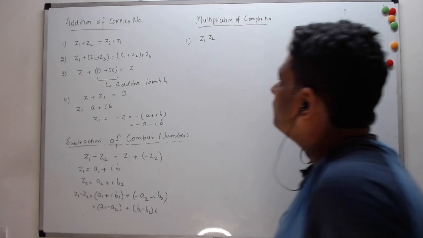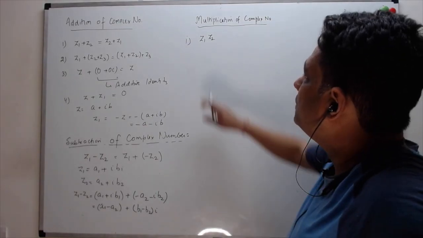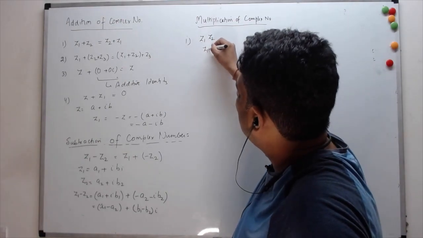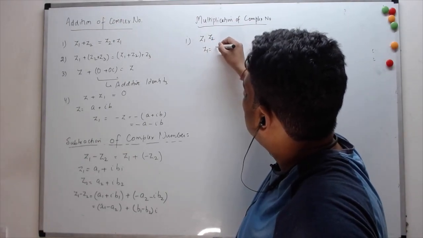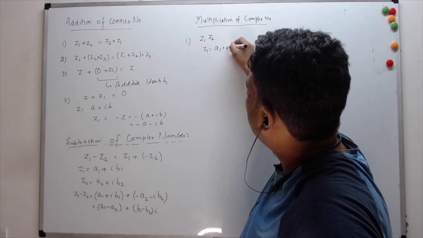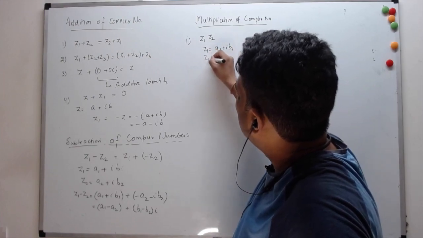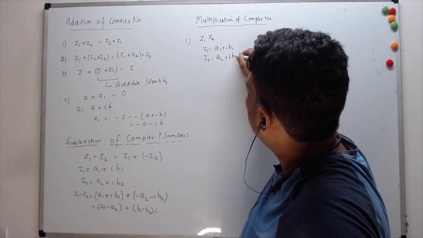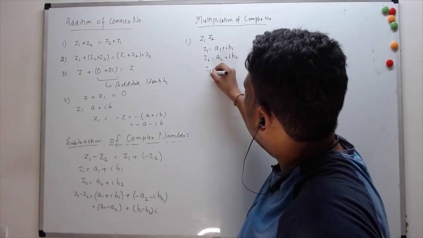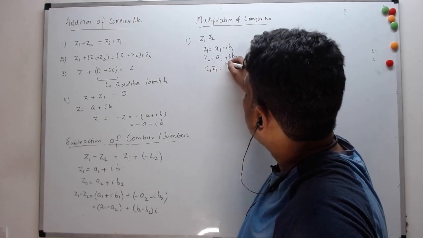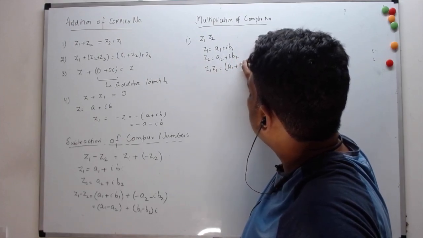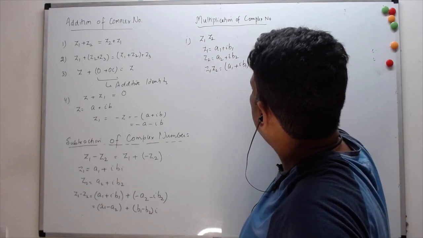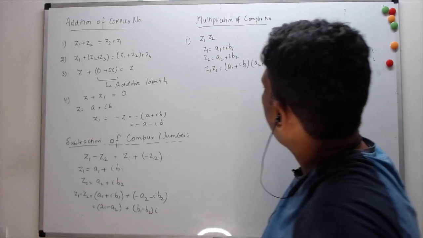What happens when you do something like that? That can be understood if you take an example where z1 is a1 plus i times b1 and z2 is a2 plus iota b2, and when you do z1 into z2, it's like saying a1 plus i times b1 times a2 plus i times b2.